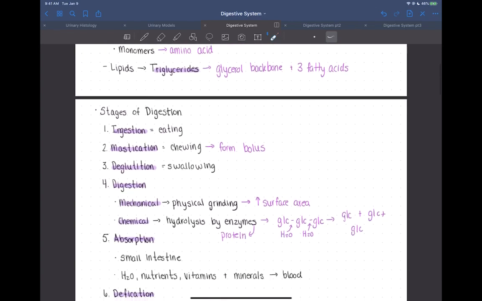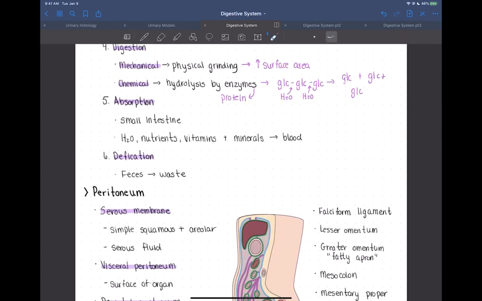Okay, so that's just a little review of enzymes from last semester. All right, so once those macromolecules are all broken down and digested into their single monomers, they can now be absorbed. So this has to be in monomer form for those macromolecules.